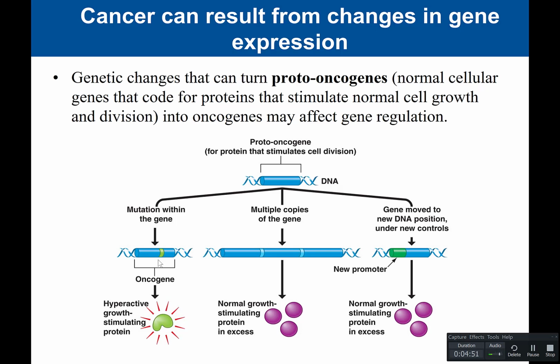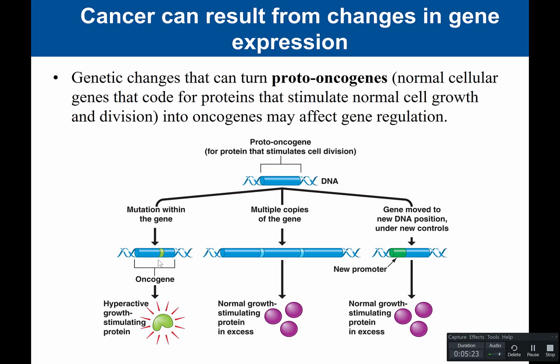However, if you get a mutation in one of those proteins that's in that signal transduction pathway, it might affect the protein so that the protein is always active, meaning it doesn't have to receive a stimulus in order for that protein to transmit that signal in the signal transduction pathway. It's always on. It mimics the protein being always on, and it's always telling the cell to divide. That's our hyperactive growth stimulating protein.